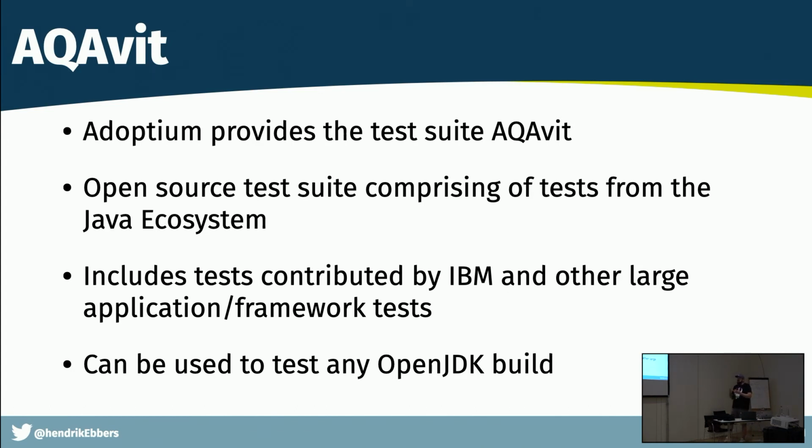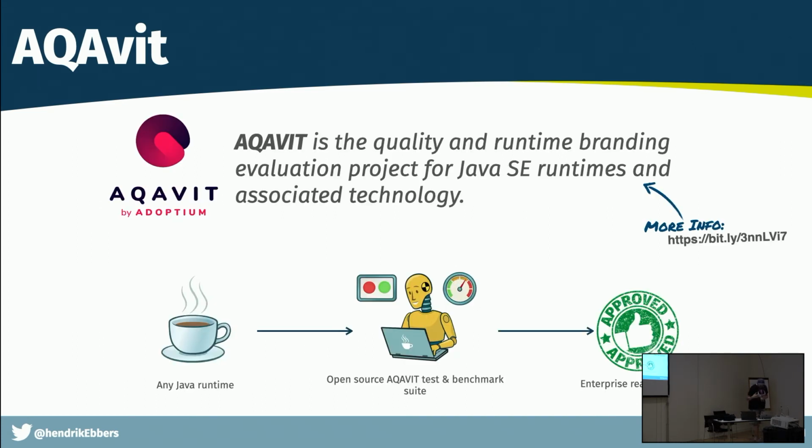As we've seen earlier today, there are now a lot of Java runtimes out on the market. What Aquavit provides is a full suite with a lot of different tests that can be used to test a Java runtime and verify that it's enterprise ready and working.